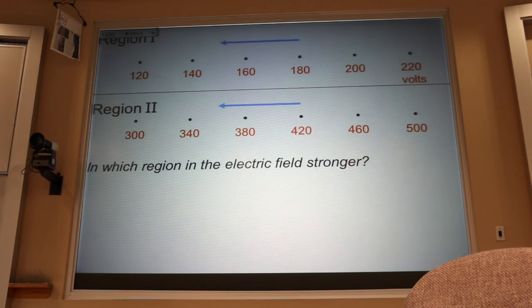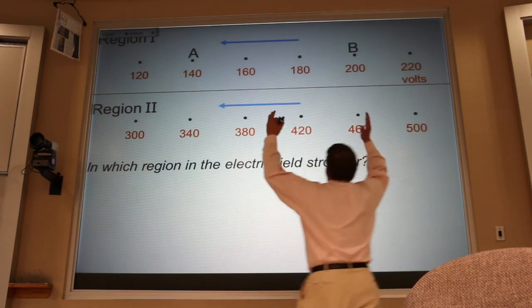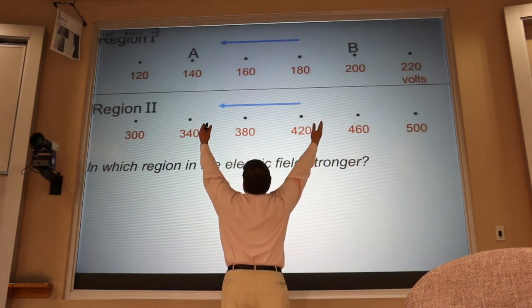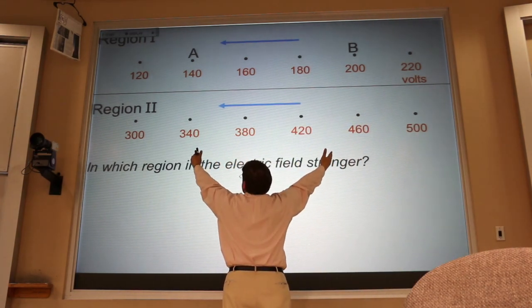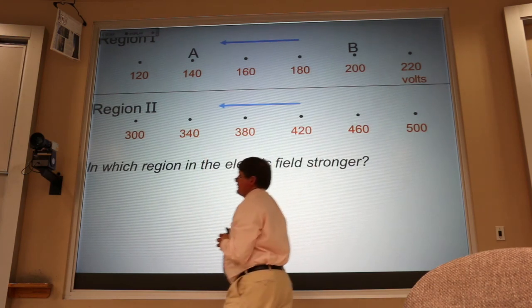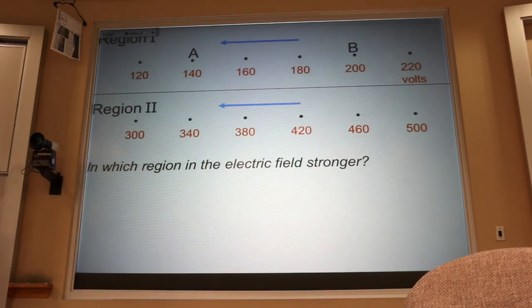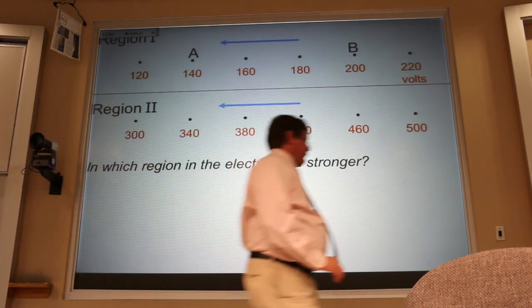In the interest of time, let's answer this together. If I look at two locations, A and B, the distance between A and B is going to be the same in region 1 as it is in region 2. That's the distance here. So what I want to look at is, in which region do I have a bigger change in voltage?